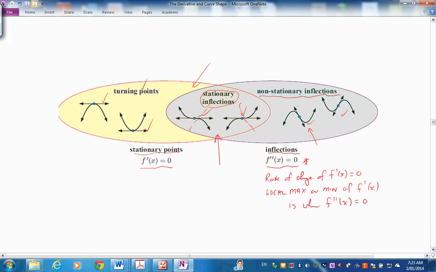Does that make sense? So let's look up here at this one. Can you see that this is the most negative the tangent gets, and then it goes into positive? This is the most negative position. That's a minimum for f dash x. And over here, this is the most positive at this point of inflection, so this is the maximum value of f dash x.